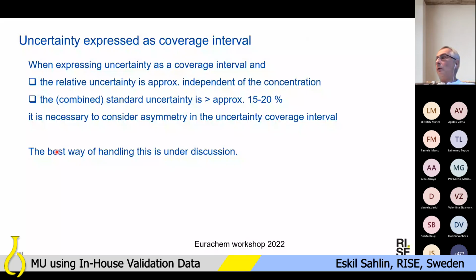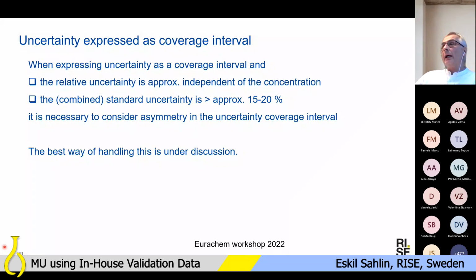And I think we are now coming to the last slide. This is also something I like to mention here. I think it's related to the concentration dependence. Uncertainty can be expressed as coverage intervals. And when doing this, the relative uncertainty is approximately independent of the concentration.